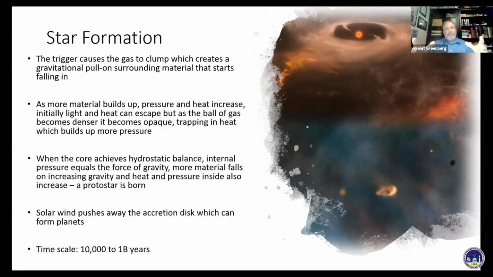This is the disk of material from which eventually planets will evolve. And you can see it in this image on the right-hand side. The upper part of the image is an artist's depiction of what this process looks like. You can see the protostar here in the middle. It's already a ball of shining gas. And around it, there's still material that is coalescing into a disk around it.